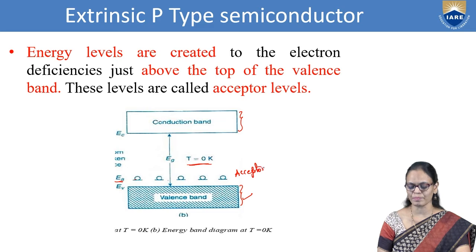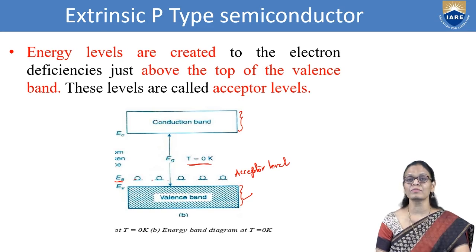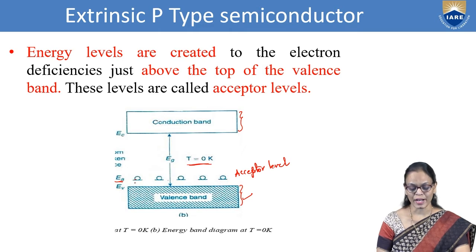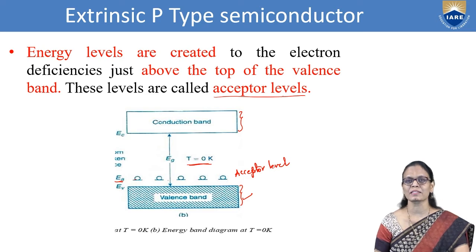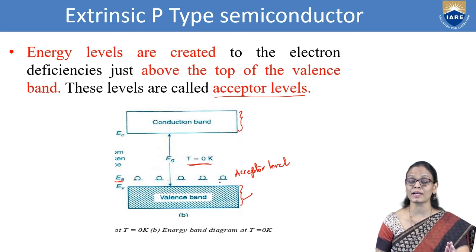It is called the acceptor level because, depending upon the number of impurity atoms we add, we have holes that are formed, and these holes are placed in this acceptor level because they are ready to accept one electron because they have a deficiency of electrons. So the energies corresponding to them we denote by the acceptor level. There is a level that is formed which we call the acceptor level, which consists of the holes that are formed due to the impurity that is added.